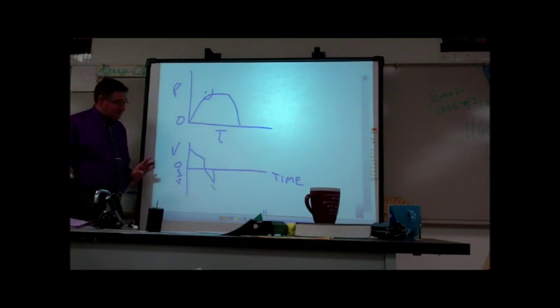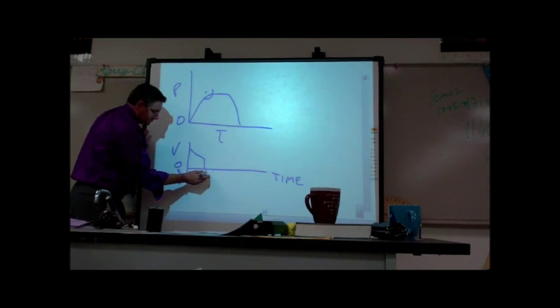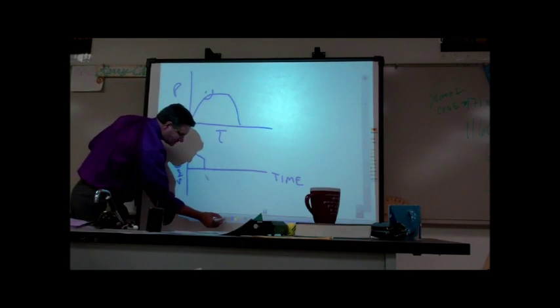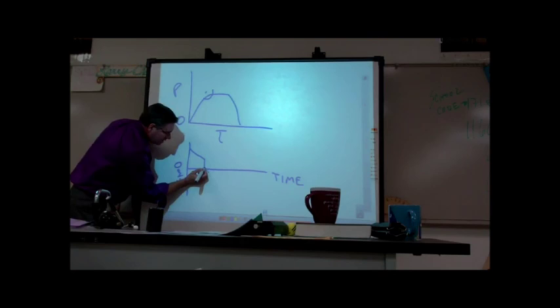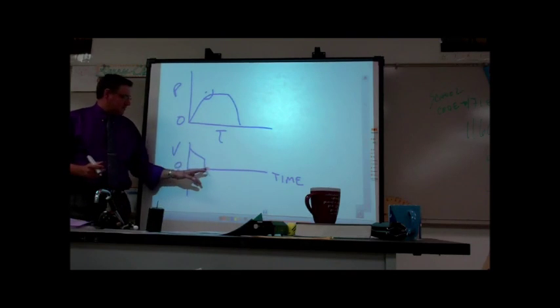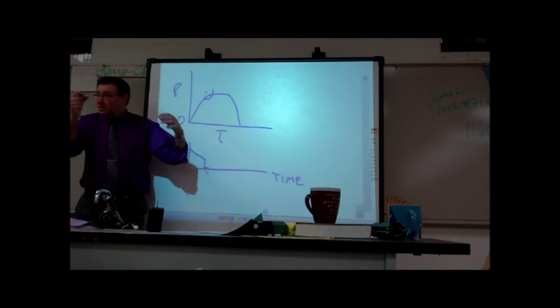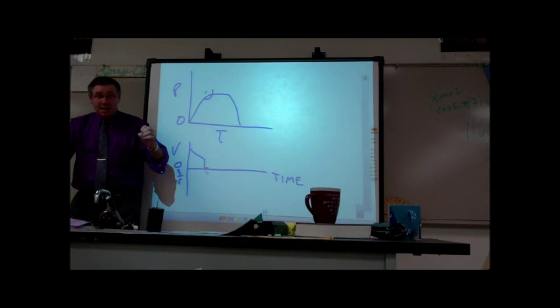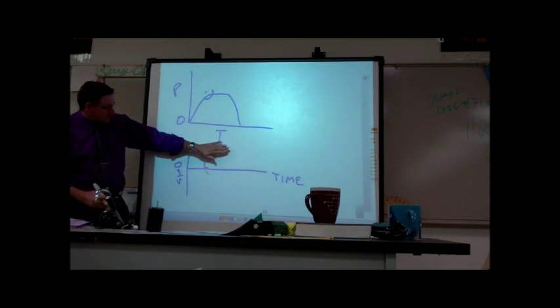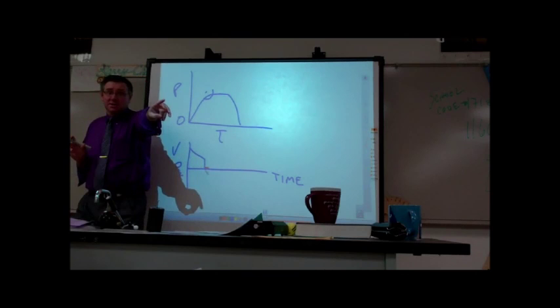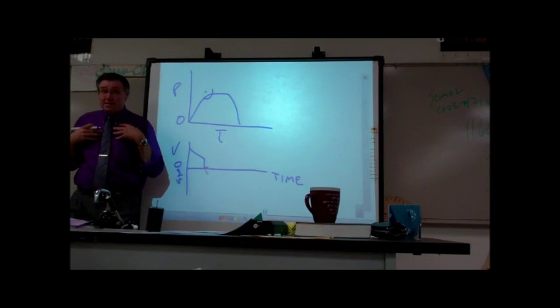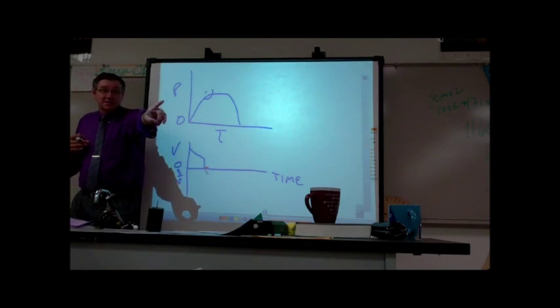So here's what we do. I'm going to tweak this just a little bit. I'm going to put a little bit of a horizontal line here because that's when Graber had it stopped. Now, if you just look at her pushing it and rolling back to me, Graber, did it take you very long to push that cart back?